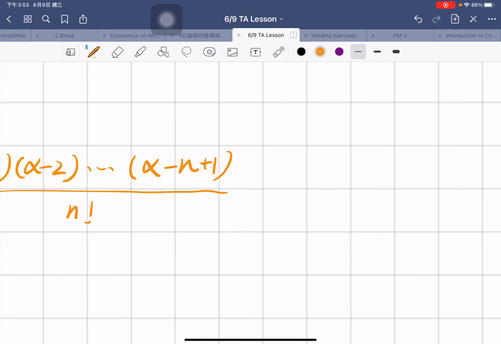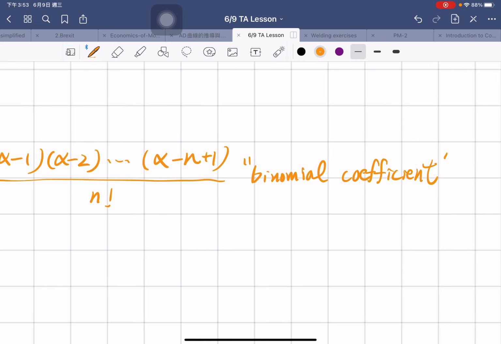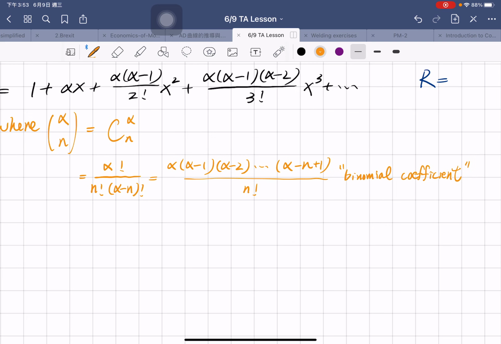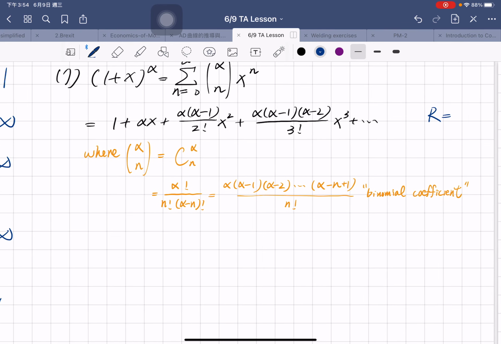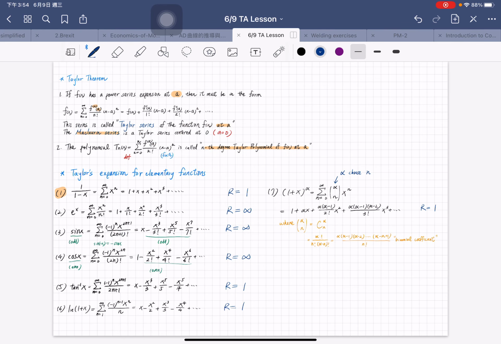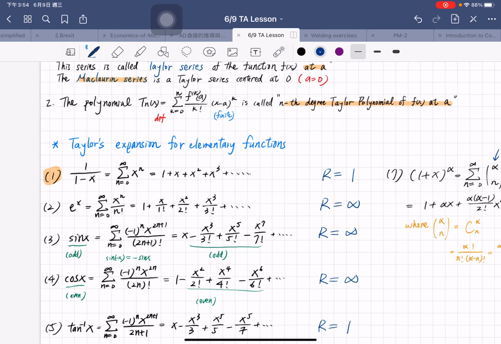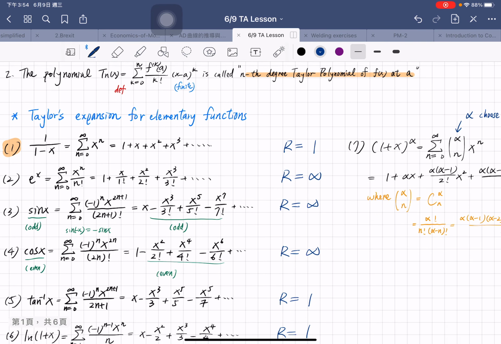And these are called binomial coefficients. Our radius of convergence will be 1 in this situation. So these are the 7 elementary functions that you should keep in mind.